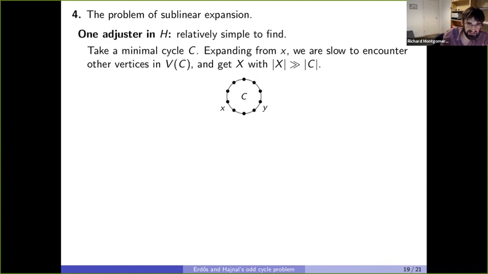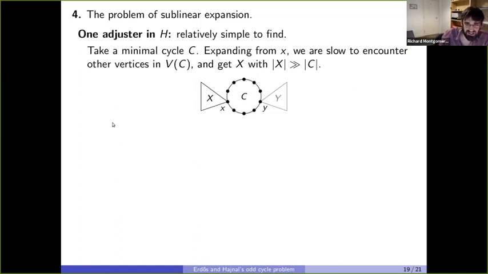If you start with a minimal cycle and you expand from X, then you're not going to encounter too many vertices very quickly from the cycle, otherwise you would have a shorter cycle. So you're going to expand to some large subset, which is quite small diameter. So you naturally get this. It's a bit harder to get a second one, but it's not so hard. The difficulty is finding lots of these.